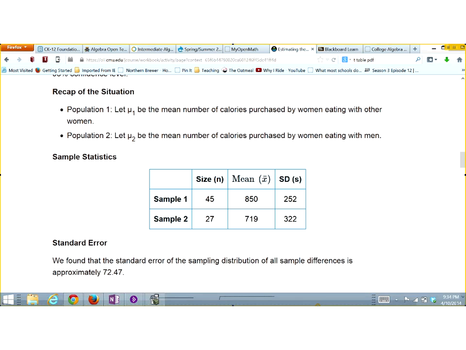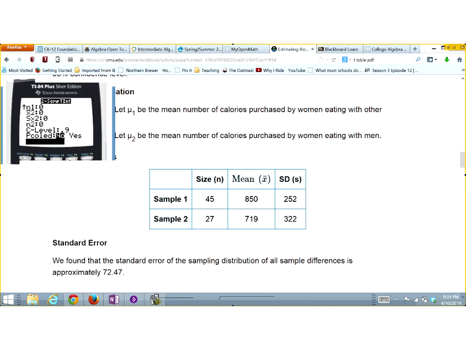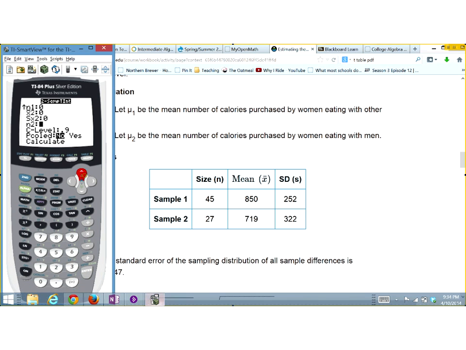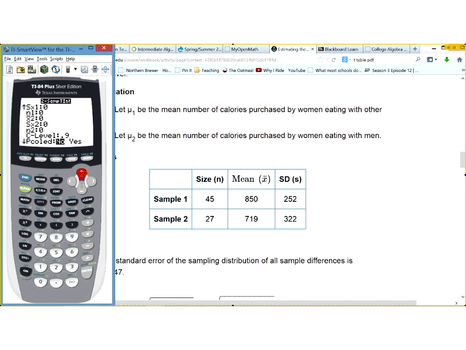All right, so if I wanted an actual confidence interval, I'd take my calculator and go back up to the top. X bar 1 would be 850. Standard deviation 1 would be 252. And n1 would be 45. X bar 2 would be 719.